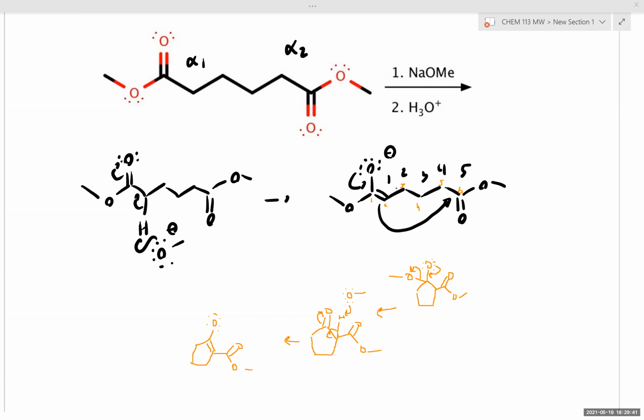Perfect. So we have our beta ketoester enolate. And then we can protonate the enolate during the quench step.